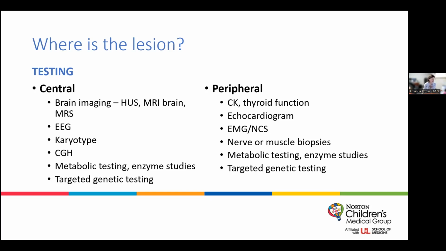We now have gene panels that can test, if you think that it's a myopathy or a neuromuscular disorder, for basically all of the known causes of congenital myopathies, congenital muscular dystrophies, and congenital myasthenic syndrome. So you can really get a lot out of using your genetic testing wisely.